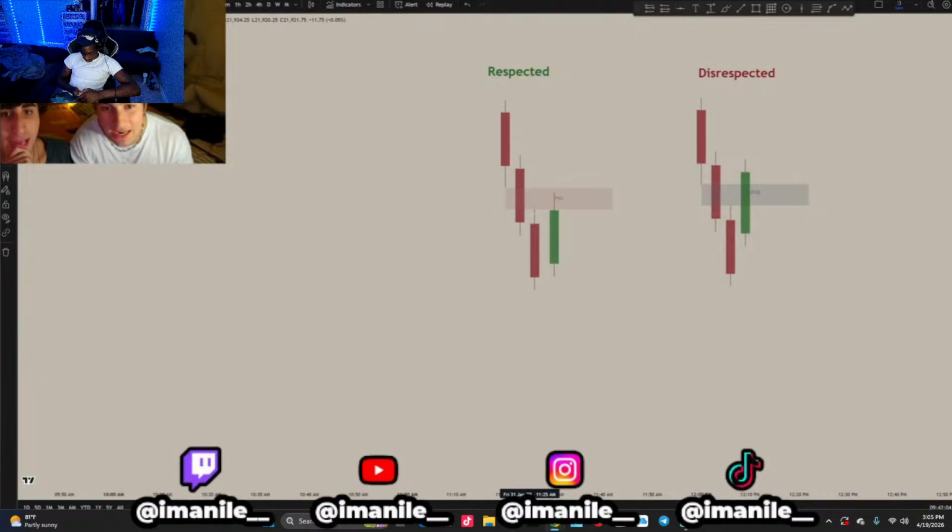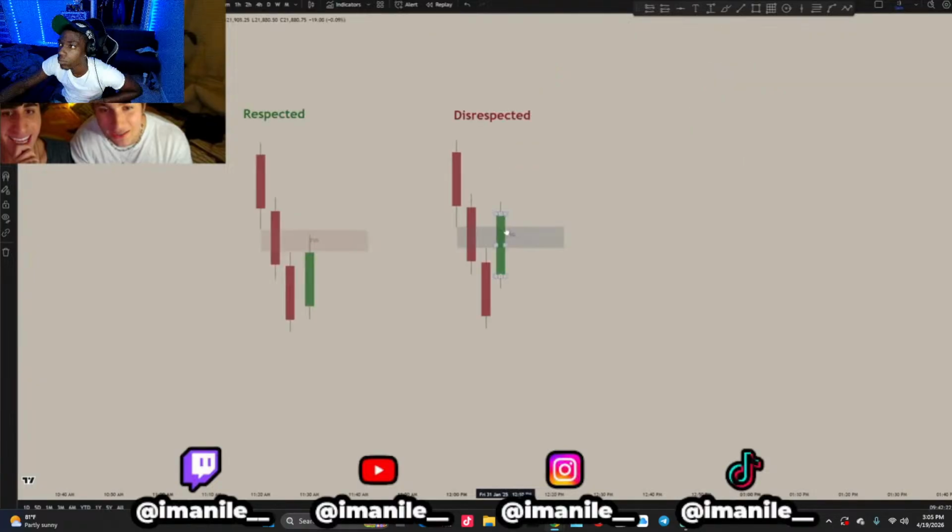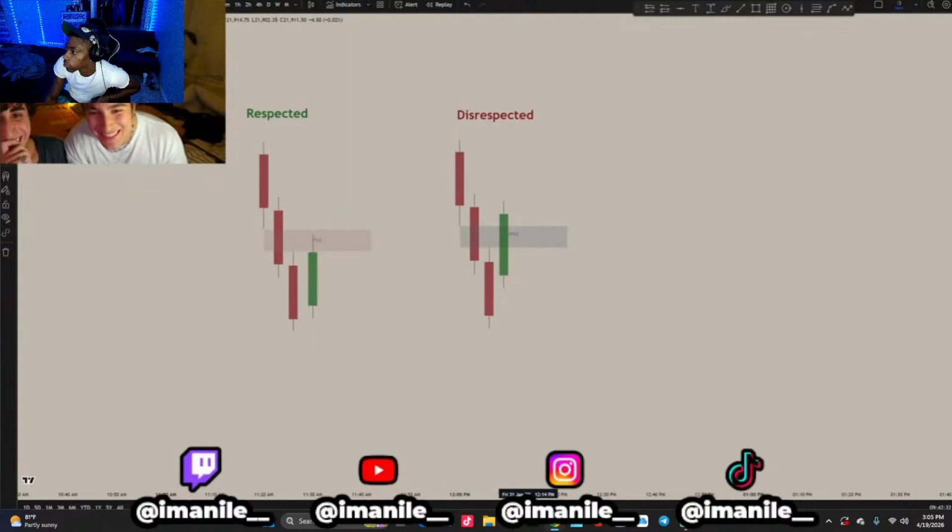On the right, you have this disrespected. Why? Because the candle closes above candle 1's low, and therefore the fair value gap is inversed, right? So price can trade all the way up here, but if it comes back down, it doesn't matter. It is still respected the fair value gap.